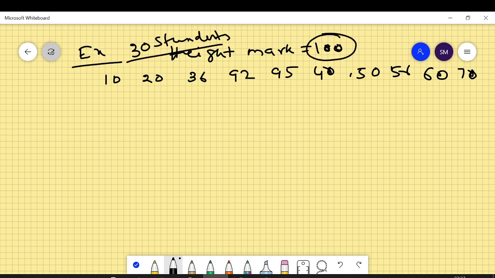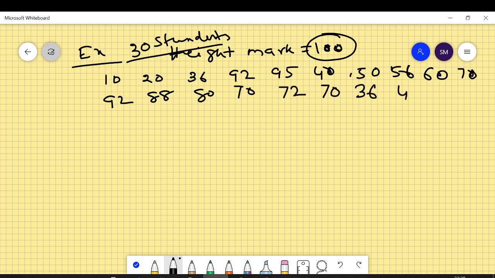Students score marks like 10, 20, 36, 92, 95, 40, 50, 56, 60, 70, then 92, 88, 80, 70, 72, 70, 36. There are 30 students in the class.